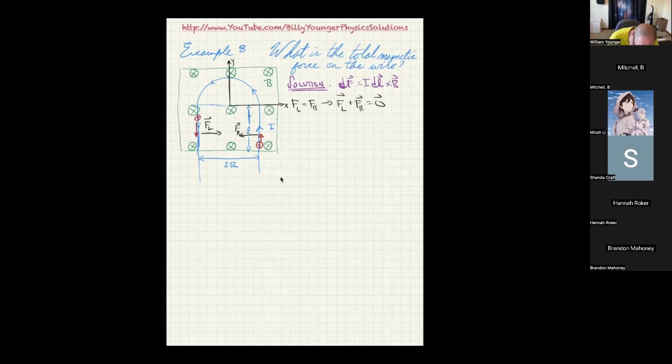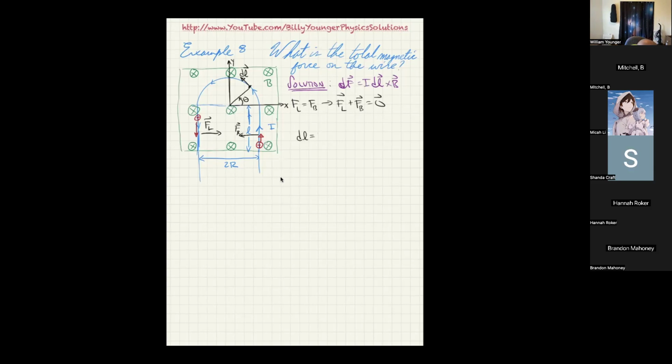And then I'm going to imagine a particular part of the actual wire, which is this little part right here, and that little part is going to be dL. And this angle is going to be theta.